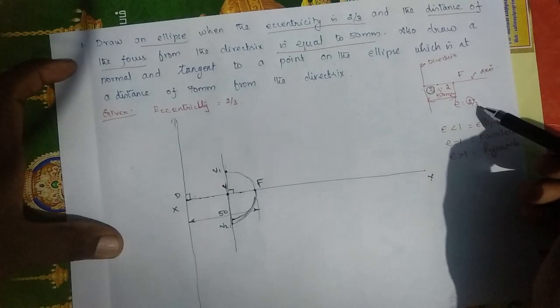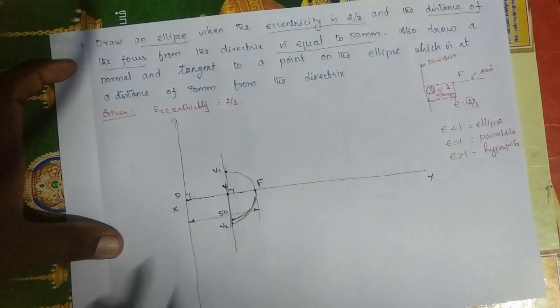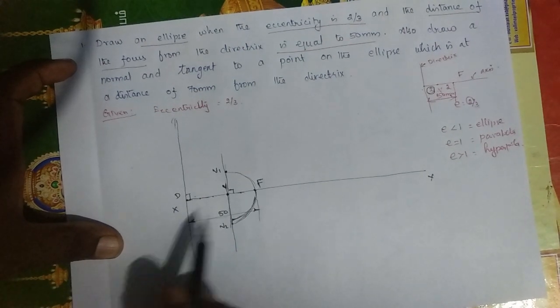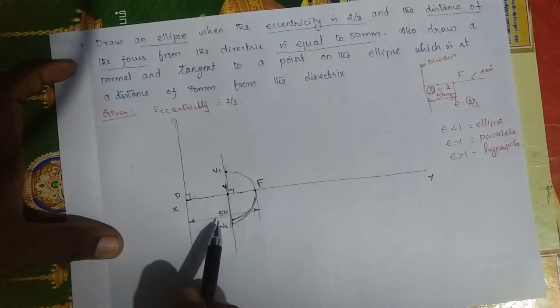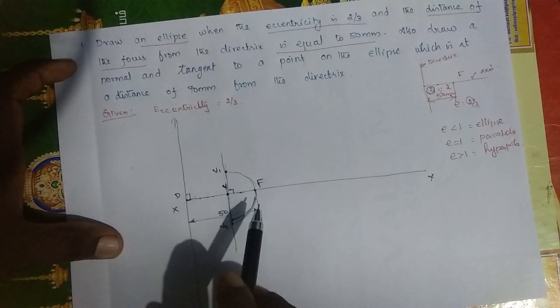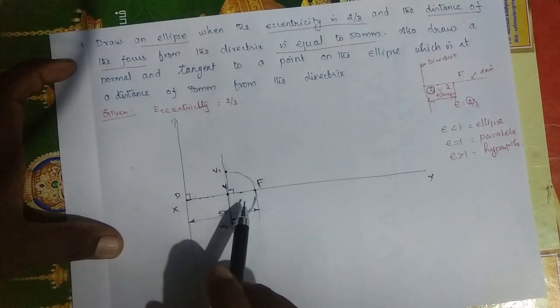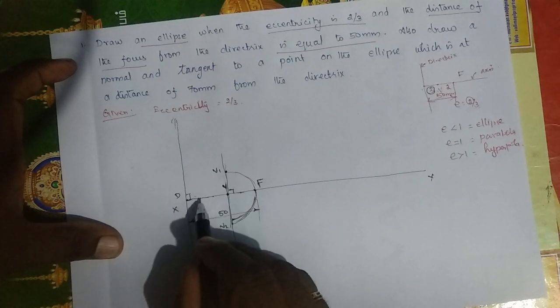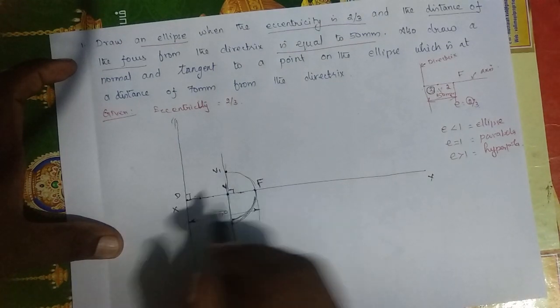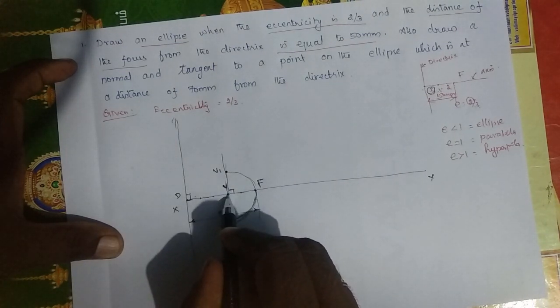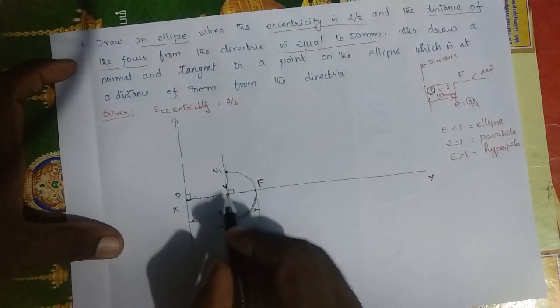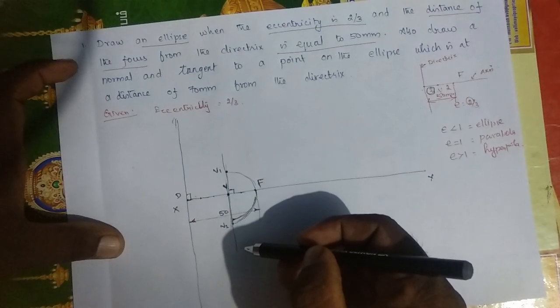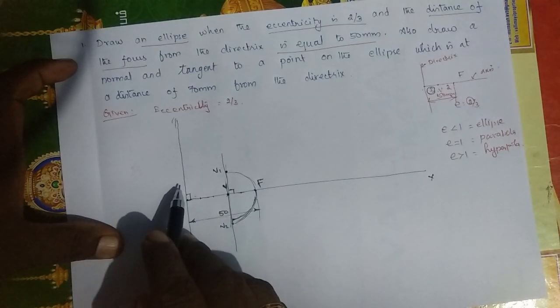So totally I need 5 parts, so the distance between the directrix and the focus, which is given as 50 mm, I divide into 5 parts. Okay, so that 1, 2, 3, 4, 5, in that after 3 parts I take the point V. Okay, through the point V I draw a perpendicular line parallel with the directrix.